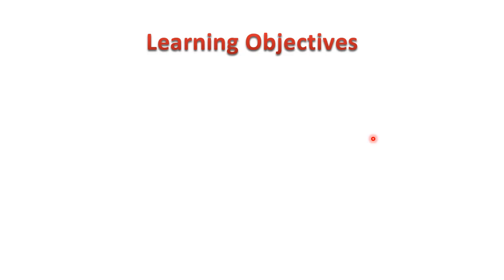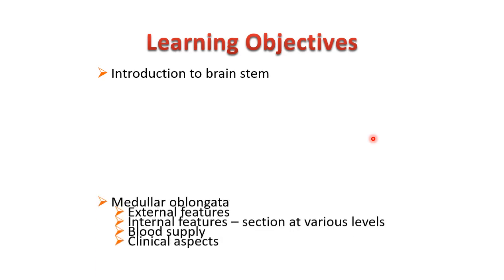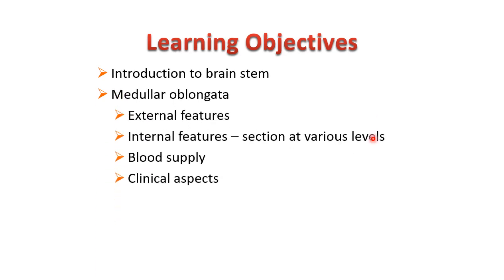A brief introduction about the brainstem, followed by that we will discuss the brainstem external features, and then in detail we are going to discuss the internal features of brainstem, which will be through the sections at the various levels. Then we will be discussing the arteries supplying the medulla, okay, and then the clinical aspects.